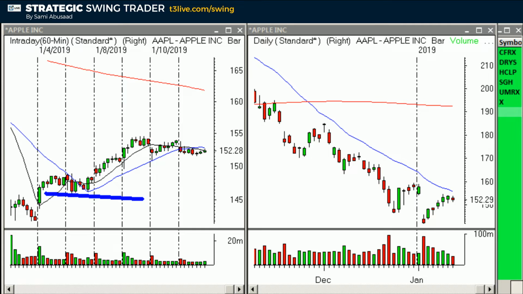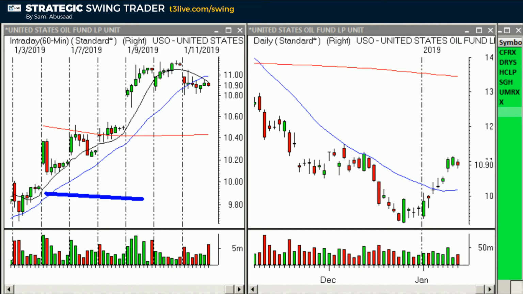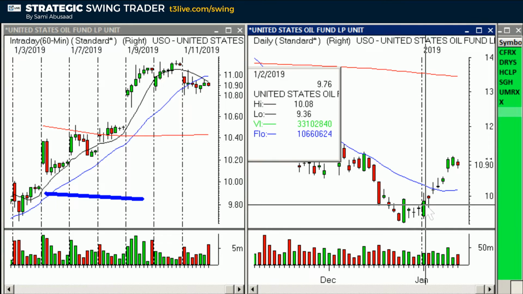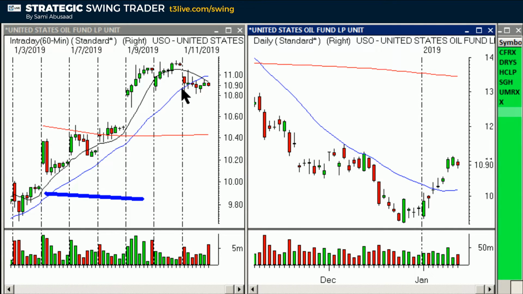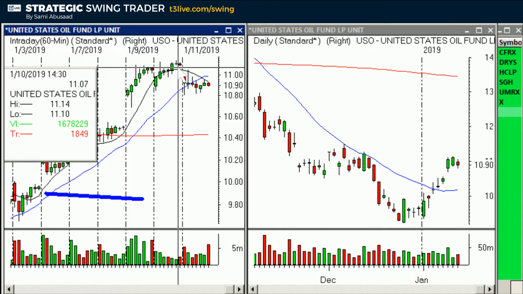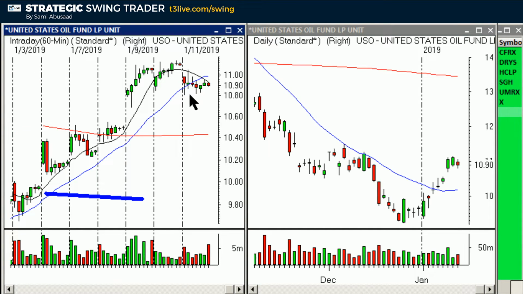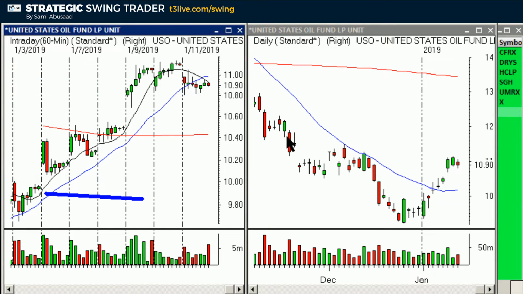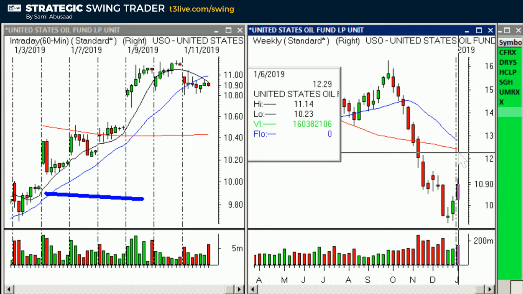Apple and USO, same problem. And USO, I have it from 10.84 as my average. I took half yesterday at 10.99, so somewhere here, and then I can raise the stop right here to today's low, or just give it the room, be willing to live through a pullback, because I'm expecting USO to get to $12.